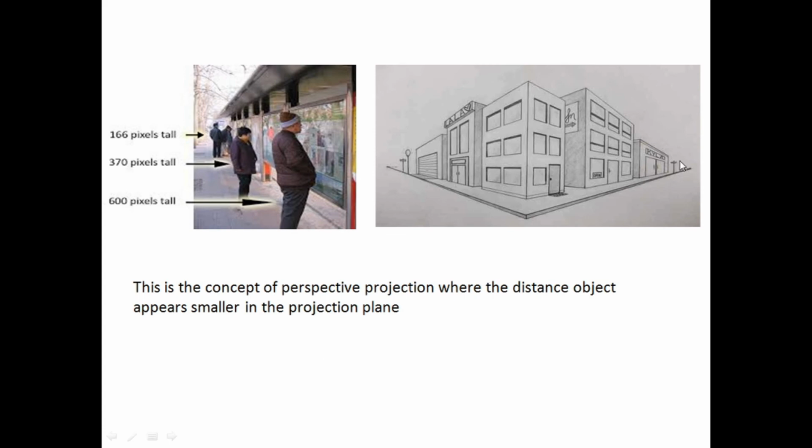So this distant object appears very small to me. If three or four persons are standing in this scene, the person who is farther away from my eyesight will definitely appear smaller than the person standing right in front of me. So this is the concept of the projection plane of the perspective projection camera model.